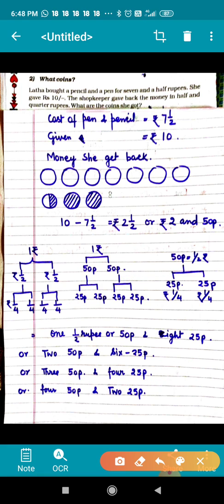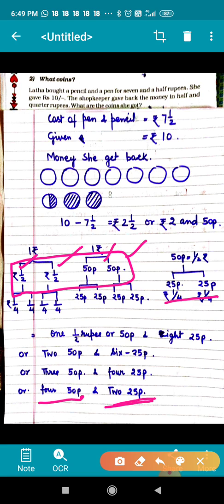This time he is giving 4 50 paisa coins. 1 2 3 4. Now how many 25 paisa are left? 2. So this is another combination, 4 50 paisa and 2 25 paisa. So these are the 4 combinations of the coins that he can give.